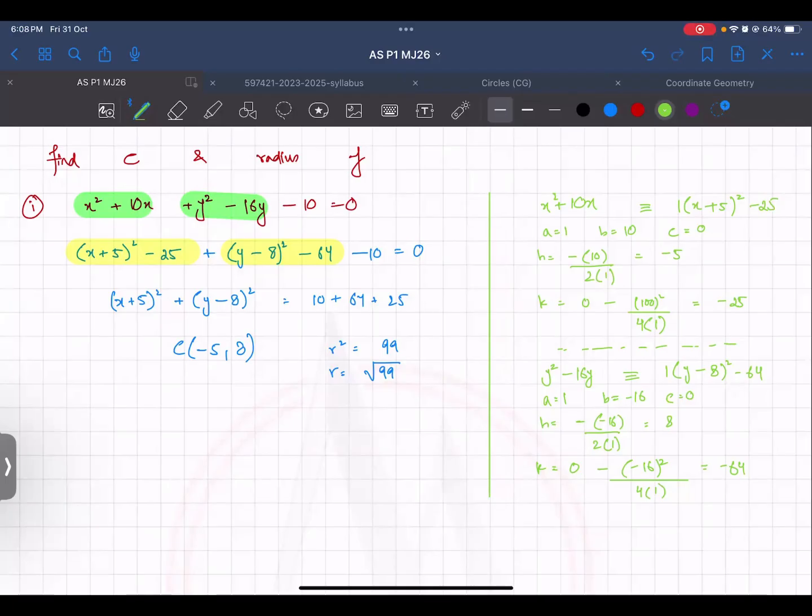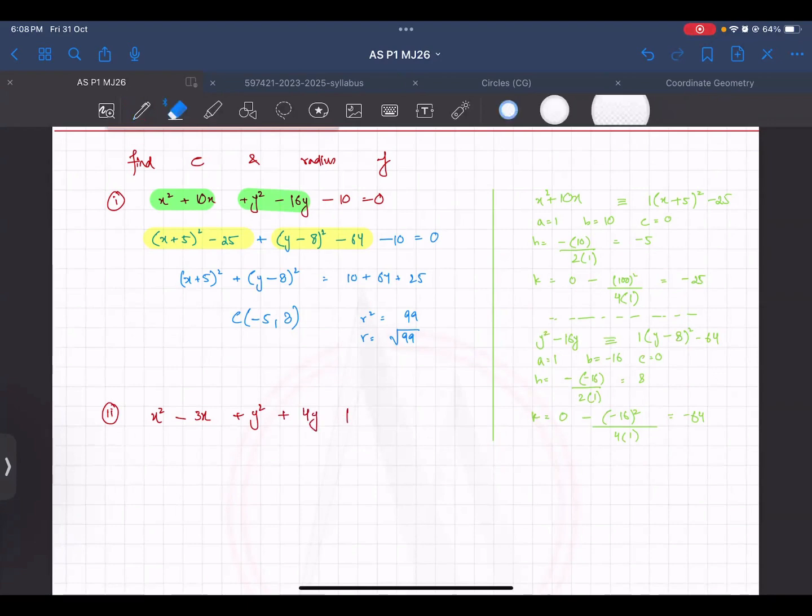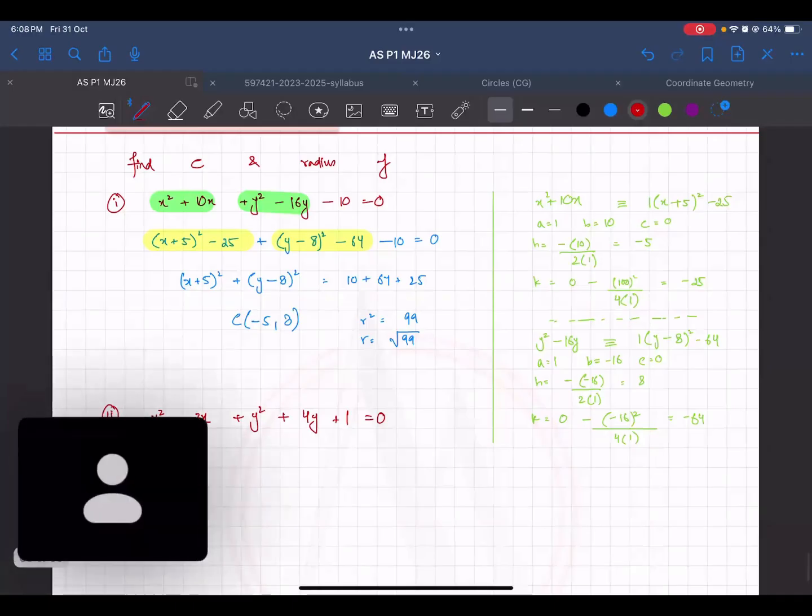And I'll give you one more to do right now, and then try that. Okay, I'm pausing the recording for now. Copy this example down.